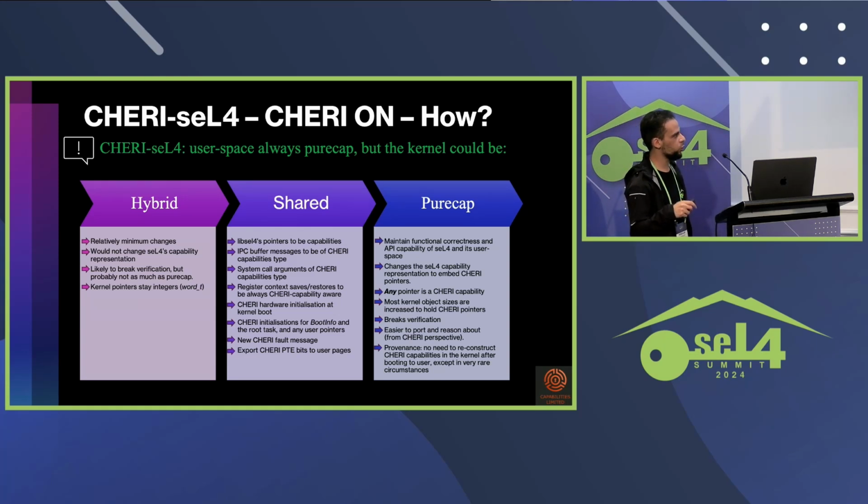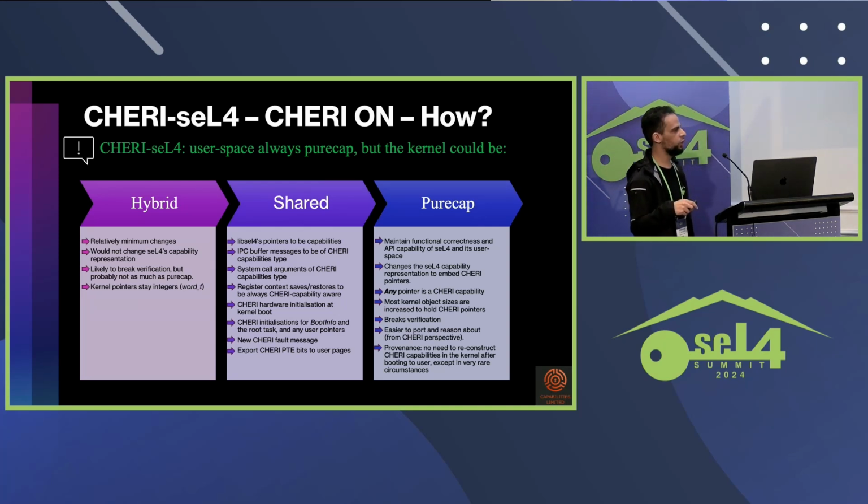And we are also doing some CHERI hardware initialization at kernel boot. What we are adding in terms of the API, or changing, is a new CHERI fault message. So if your user space now has a CHERI security violation, this is going to be exported to the user using a new CHERI fault format.